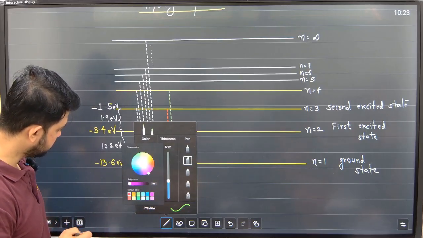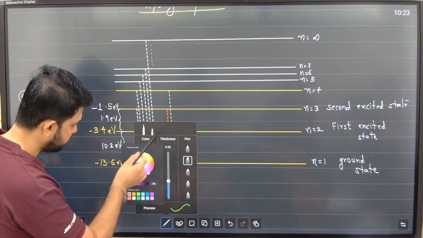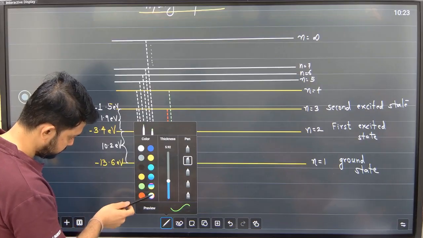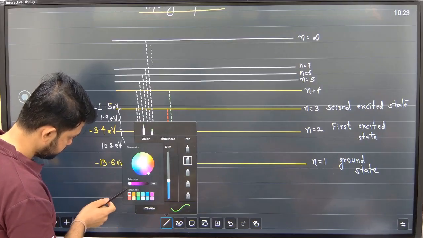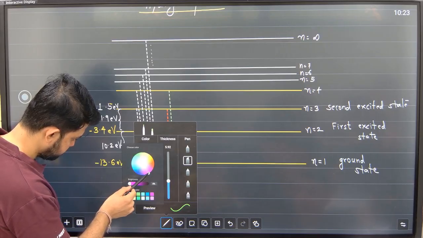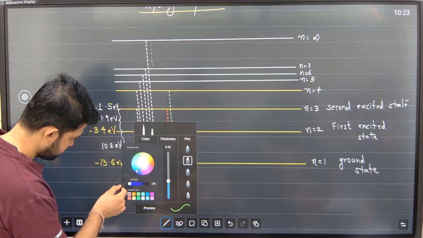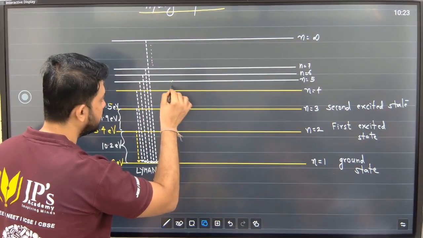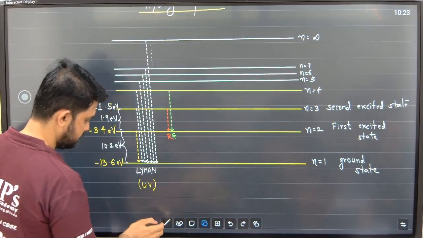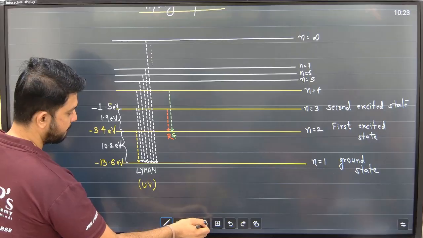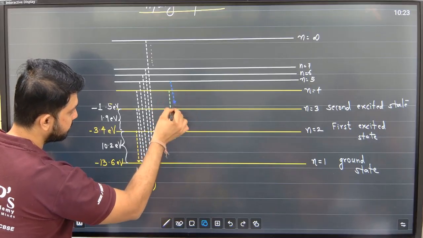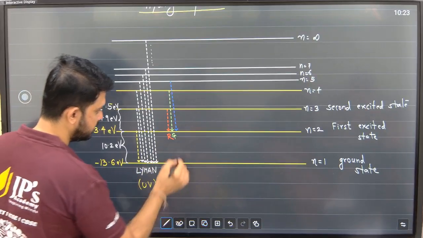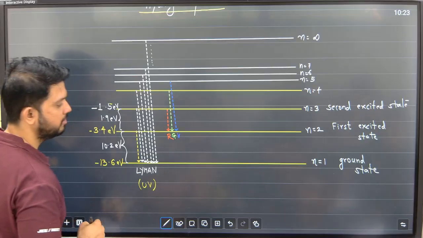People, which one would be violet here, or closest to violet that we have? Third color that we get is violet.